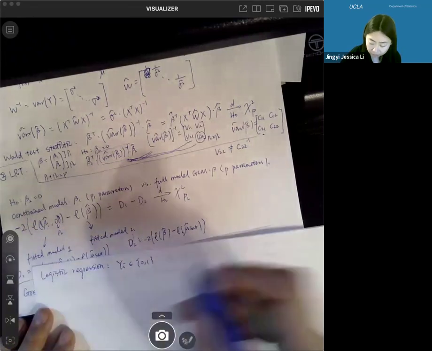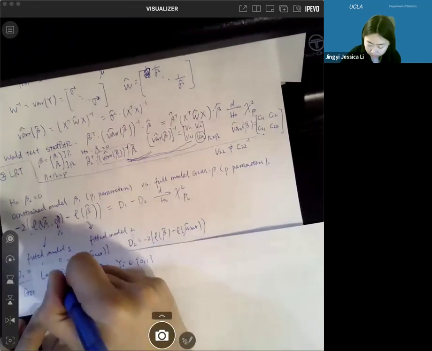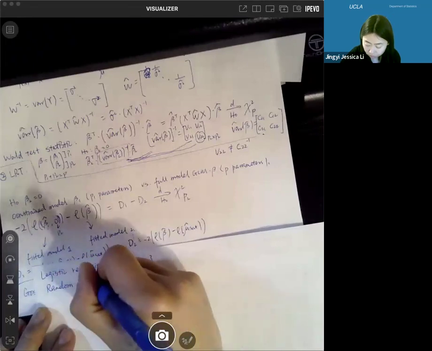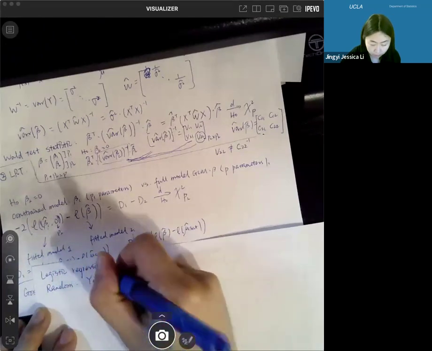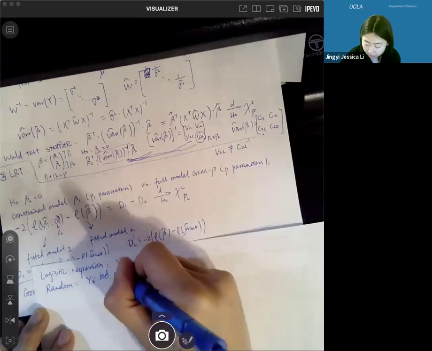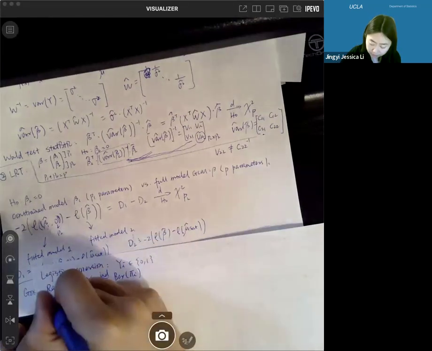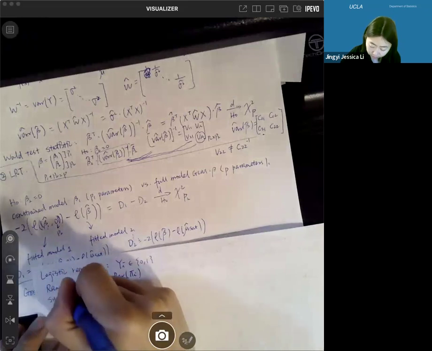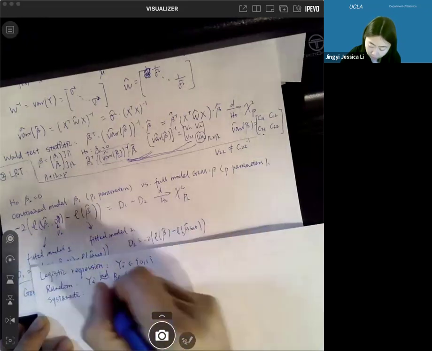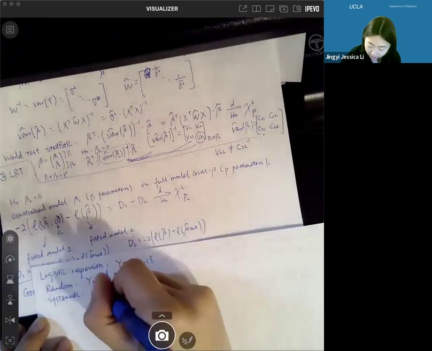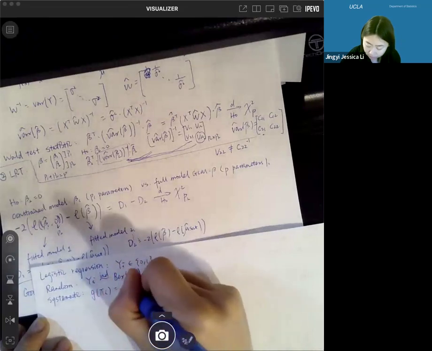Recall that we have the random structure as yi independently following Bernoulli with mean parameter pi i, and the systematic structure is G of pi i equals xi transpose beta.